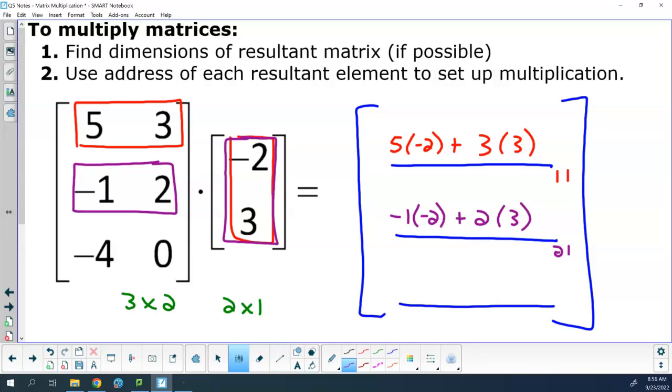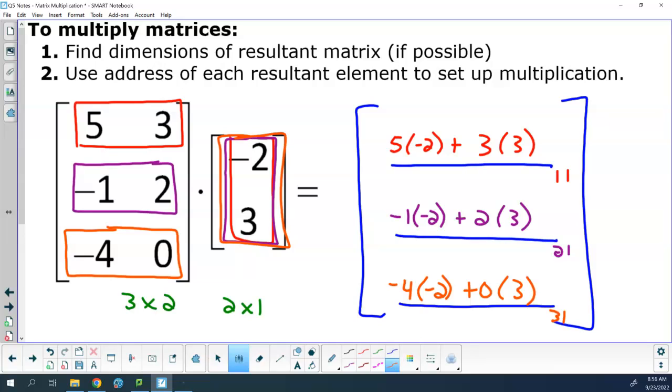Third row: I'm going to take the third row times the first column, and that's going to be negative 4 times negative 2 plus 0 times 3.